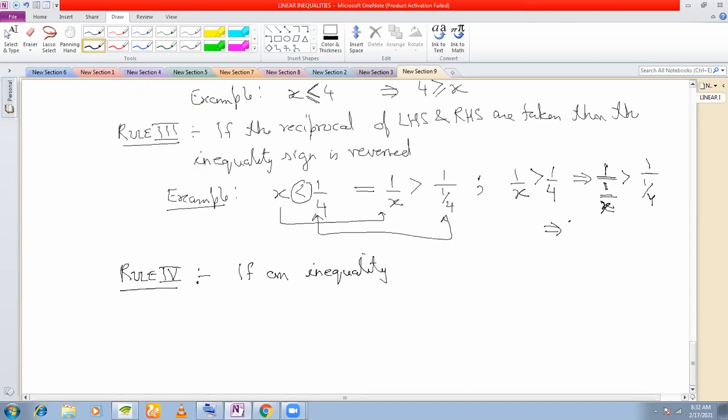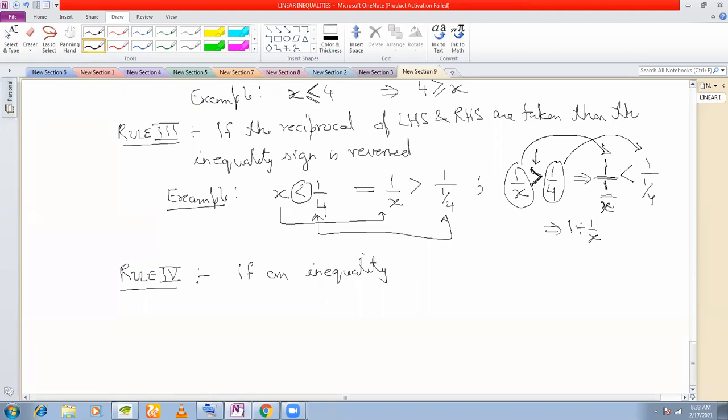What I have done is taken the reciprocal here. Instead of 1 by x, I have taken 1 by 1 by x, and instead of 1 by 4, I have taken 1 by 1 by 4. So here the sign of the inequality will reverse. From greater than, it will change to less than.